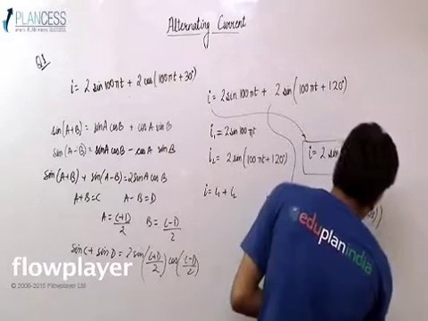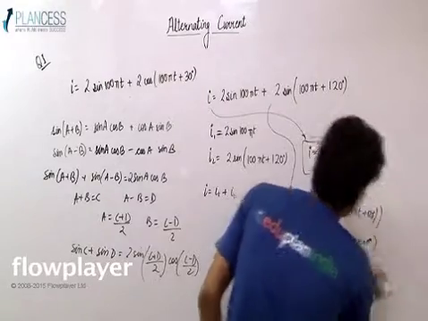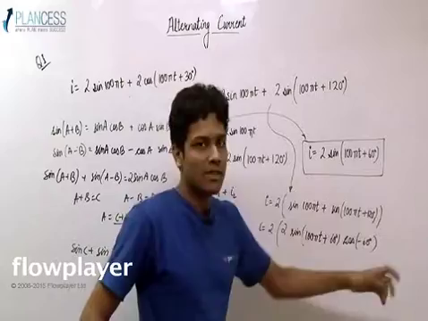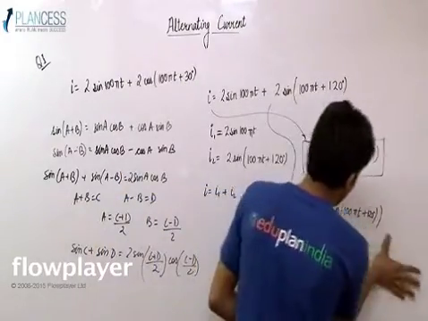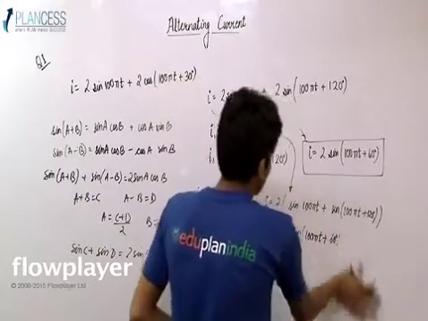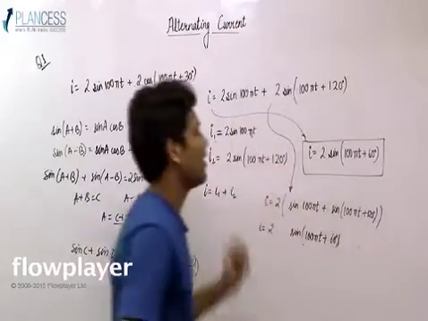Sorry, not cos of minus 120 degree, cos of minus 60 degree, because it is C minus D by 2. So 100 pi t minus 100 pi t plus 120 degree divided by 2 would be cos of minus 60, and cos of minus 60, as you all know, will come out to be 1 by 2. So 1 by 2 gets cancelled out with this 2, and finally you get the result I derived from the phasor diagram.